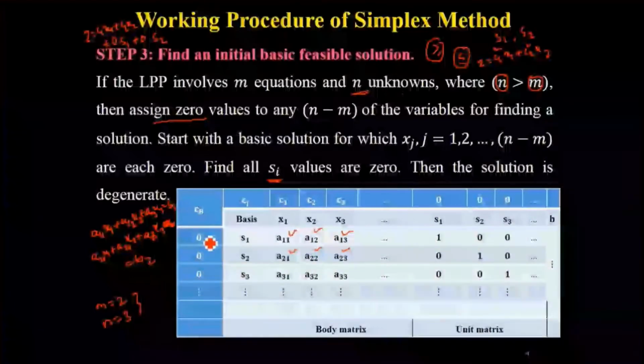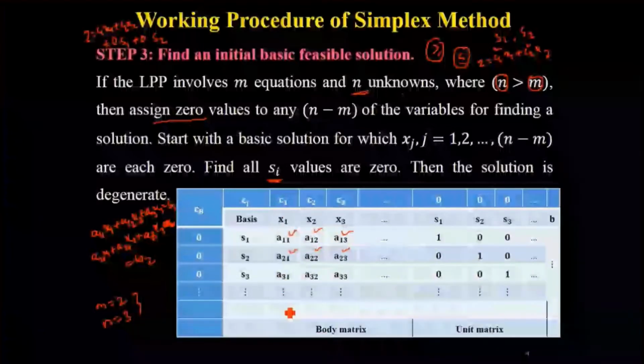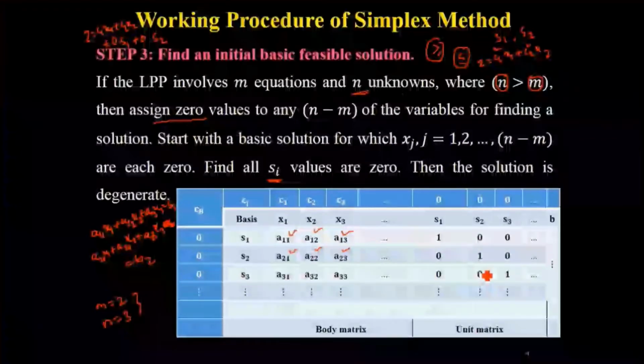So you have to consider here 0, 0, 0, meaning for the variables which you take as basis variables, their contribution coefficients in the objective function you have to write. Okay, 0 0 0. Now this matrix is called your body matrix, and when you consider the basis, the basis matrix will be your unit matrix. Okay, clear?